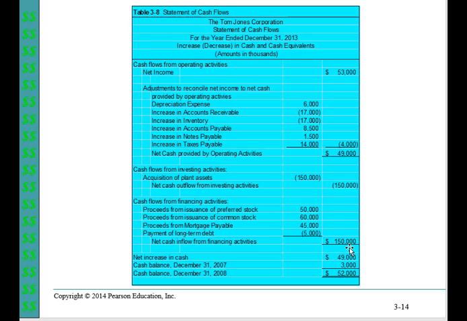So the net was $150,000. So the net increase in cash, $49,000 minus $150,000 plus $150,000, cash increased by $49,000. We started off with $3,000. So in our checking account, we should have $52,000 left over for this company.